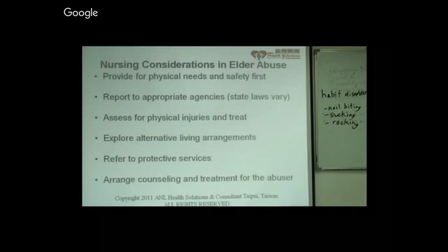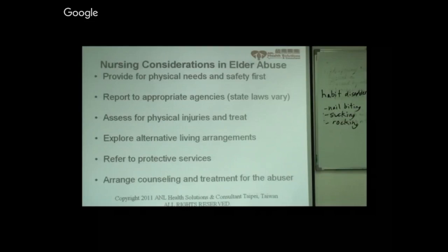So what should nurses do? Provide, again, their priorities, what? Physiological needs, so physical needs and safety first. If the elderly is living with the abuser, what should you do? You remove the elderly from the house, right? You put her somewhere safe. Remember, safety first. Physiological first and then safety.